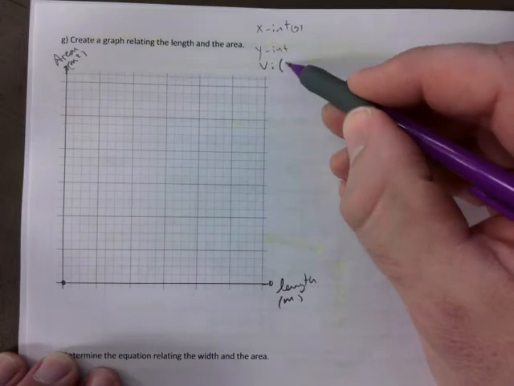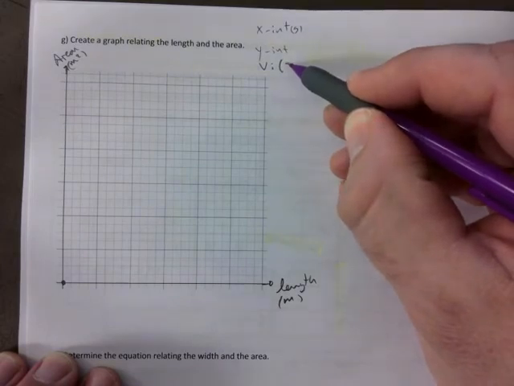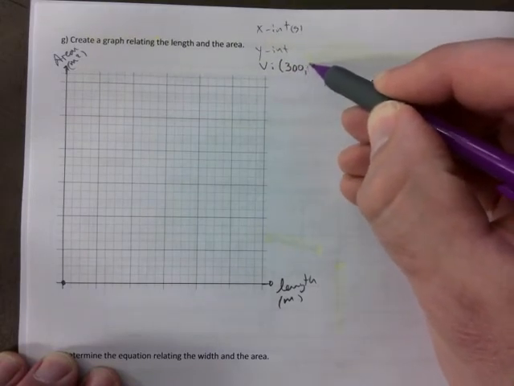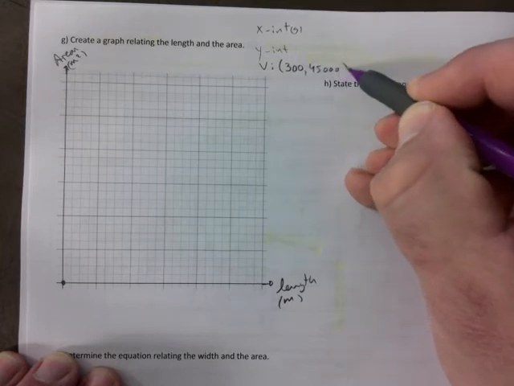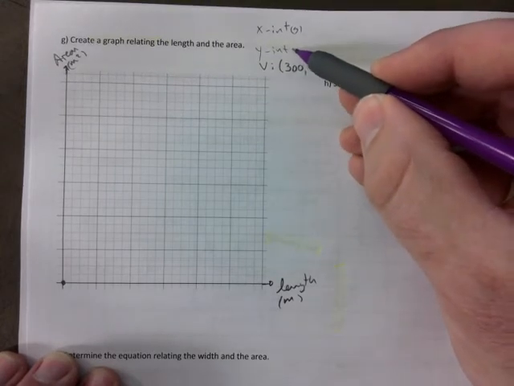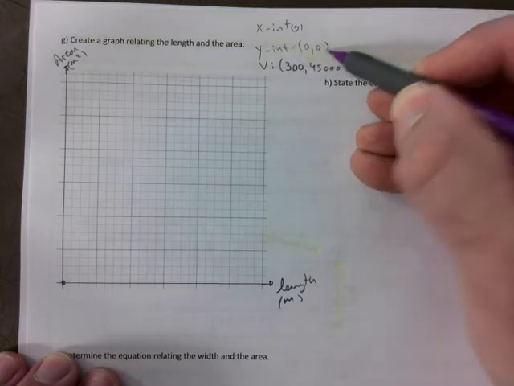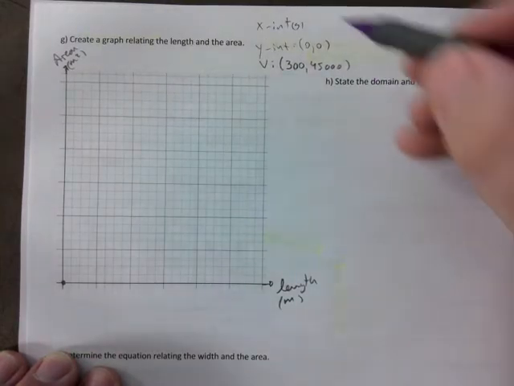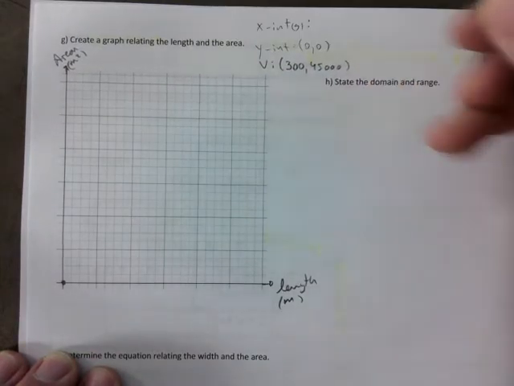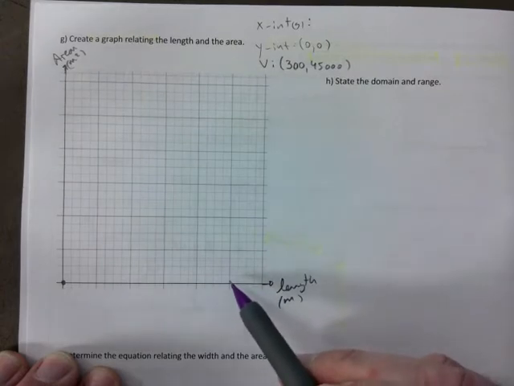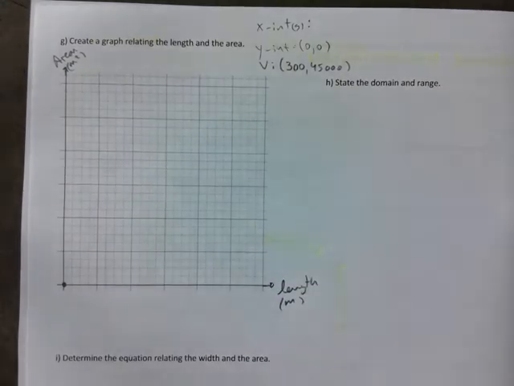The vertex is already known. That is 345,000. The y-intercept we know is already 0, 0, just by looking at the equation. And so I need to find that other x-intercept out here, right? I need to find that one because I need a scale. I need a scale, right?